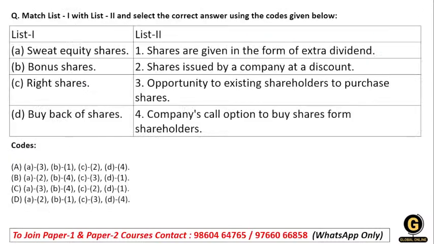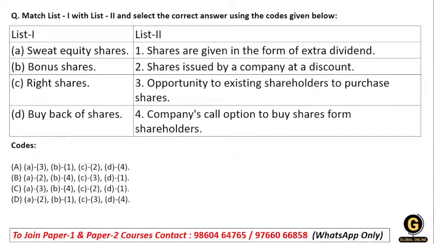Now the next one is a match the pair question. In the match the pair, there is a sweat equity share, bonus share, right shares, and the buyback share. So this is a very good question, because we get confused many times. What is the sweat equity share, what is the bonus share, what is the right share. So let's discuss. Sweat equity share is a kind of share that is issued by the company at discount.